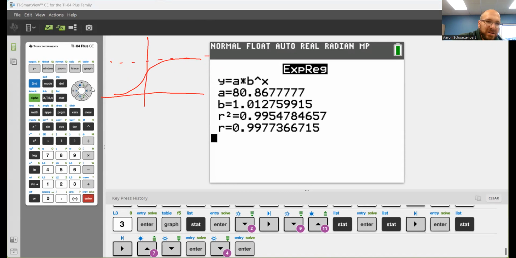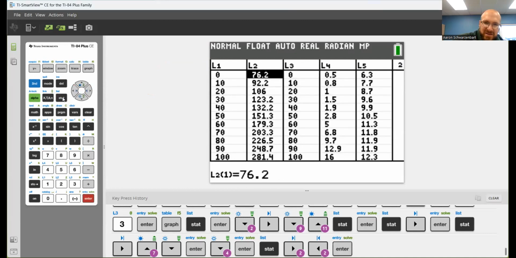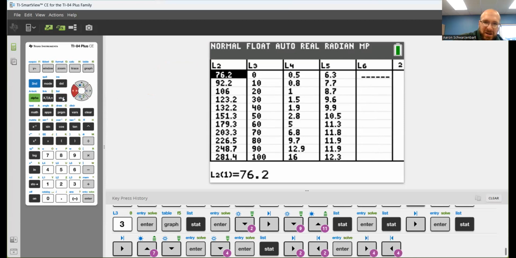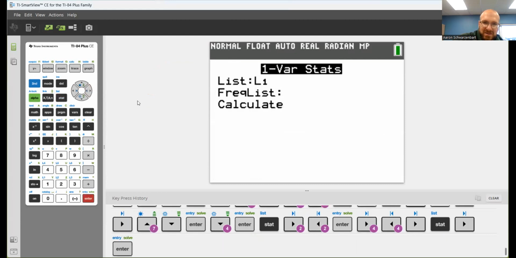So again, I've already entered this data. Take some time to enter it in your calculator. Mine here is in L3, L4, and L5. So I'm going to make two logistic models. Stat, I'm going to go edit. No, I'm going to go over to calc. That wasn't what I wanted.